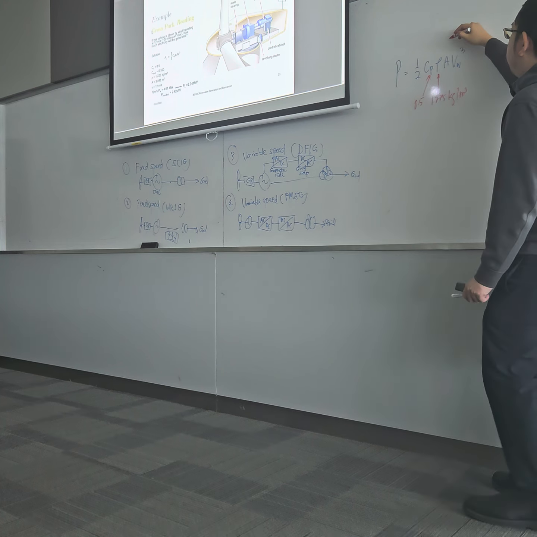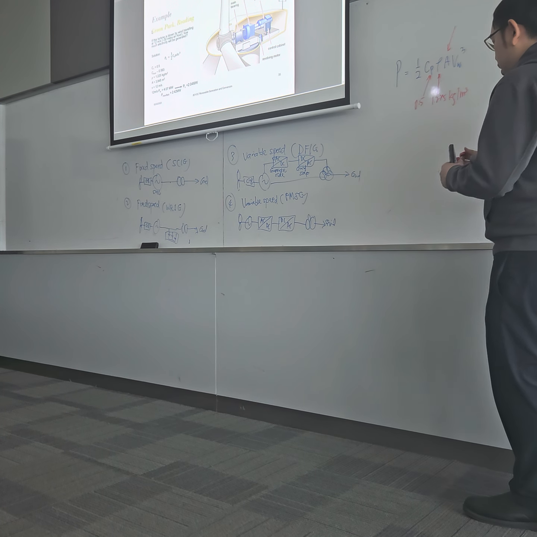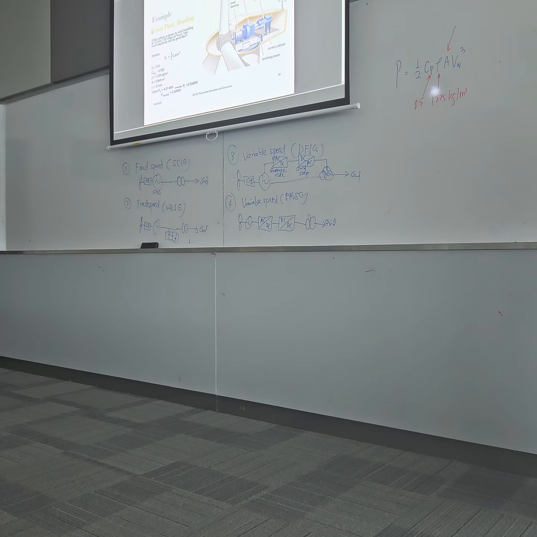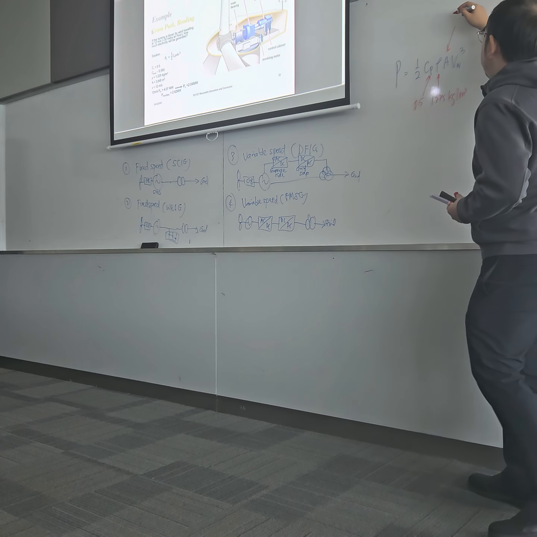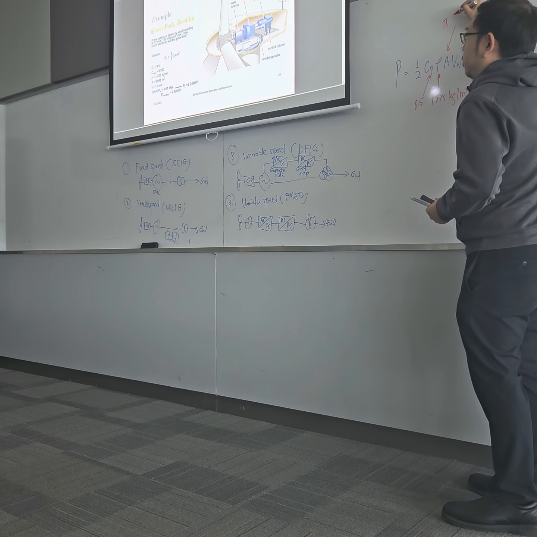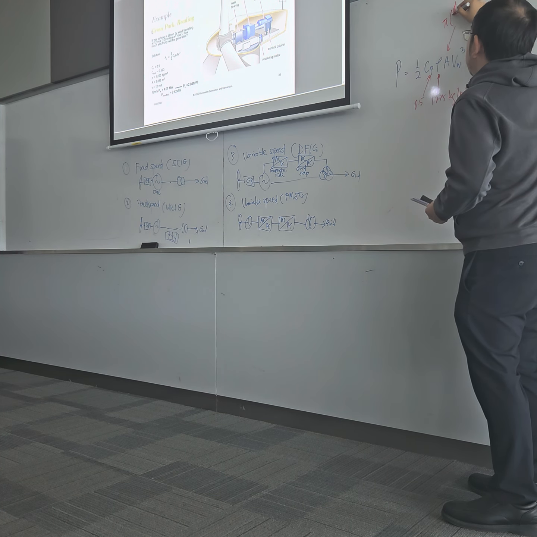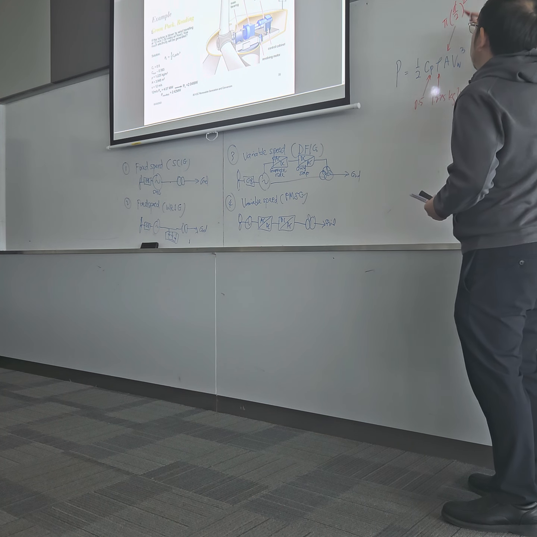What about the A? We have the diameter, right? What can we do with that? Area will be pi r squared. In this case, r is diameter over 2, squared.